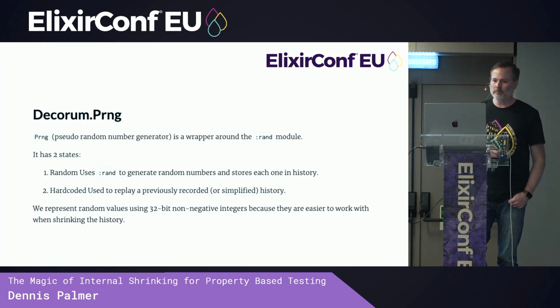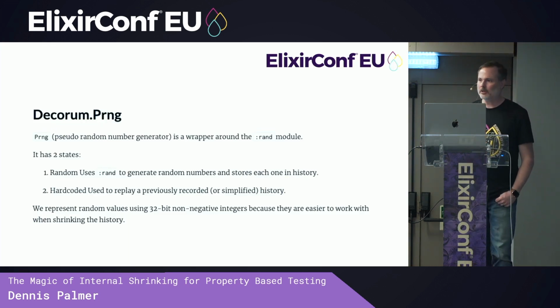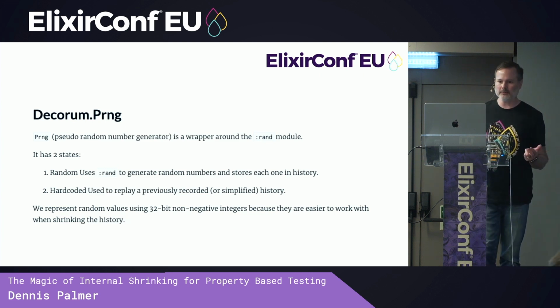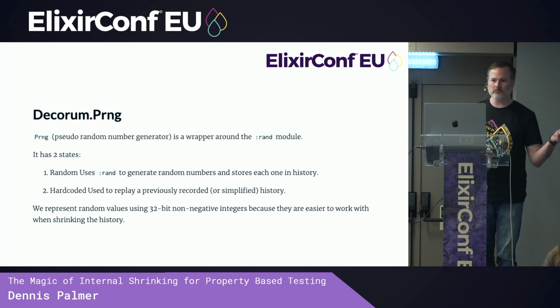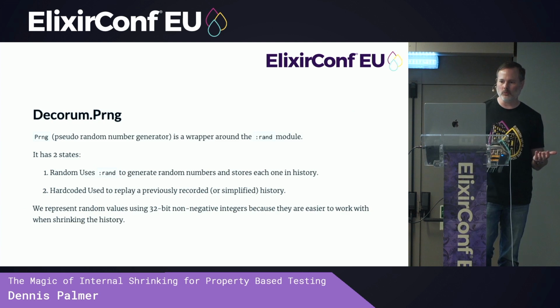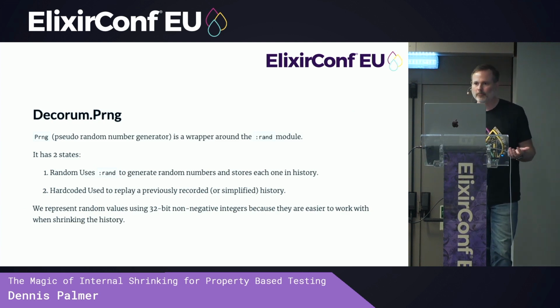So the first thing I implemented was the PRNG struct, and it's basically a wrapper around the Erlang rand module, and it has two states. So its random state just uses rand to generate new values that it stores in history. And then the hard-coded mode is used to replay the previously recorded or simplified history.